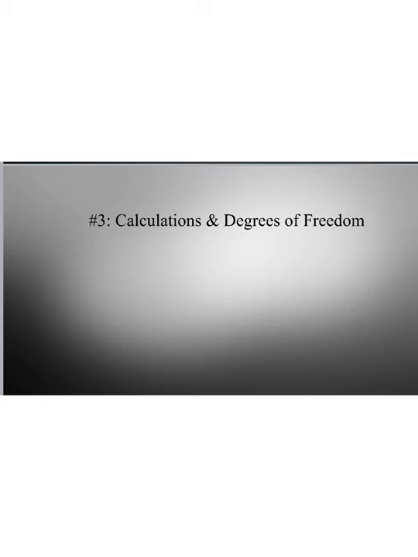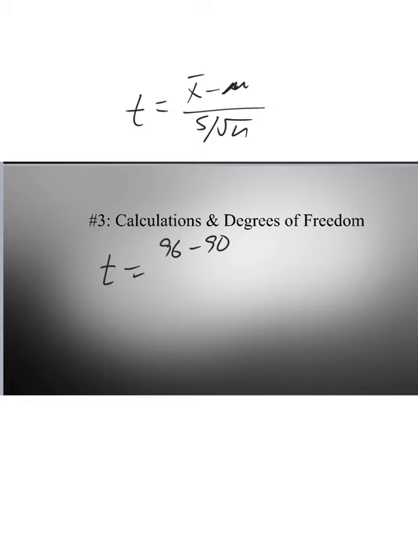So in this problem, our test statistic, again, we had an X bar of 96, okay? So again, the formula looks like this. Our X bar was 96. Our mu, which is the hypothesized mean, was 90. Our S was 23, and our N was 50.